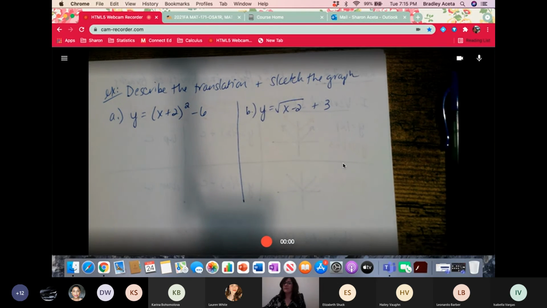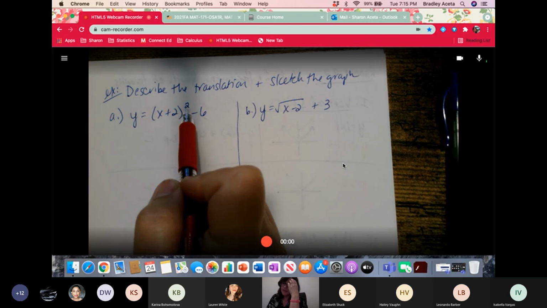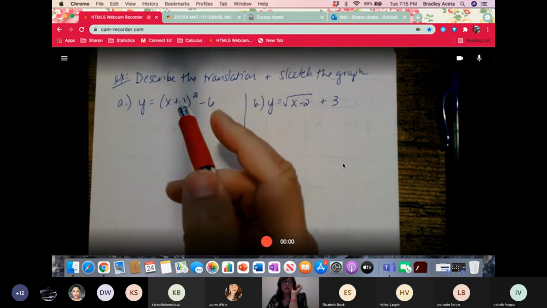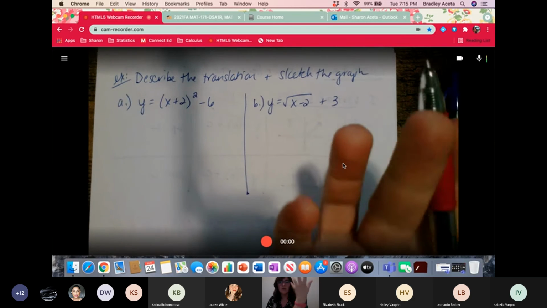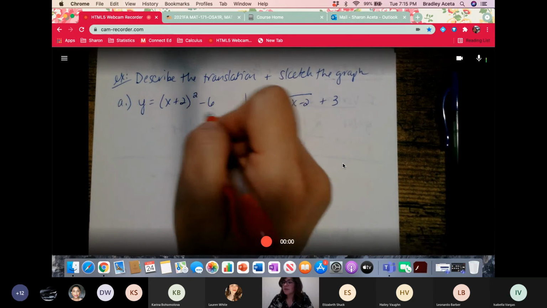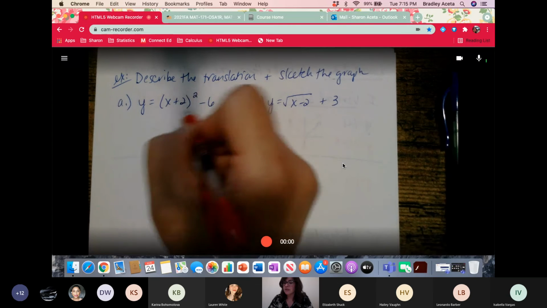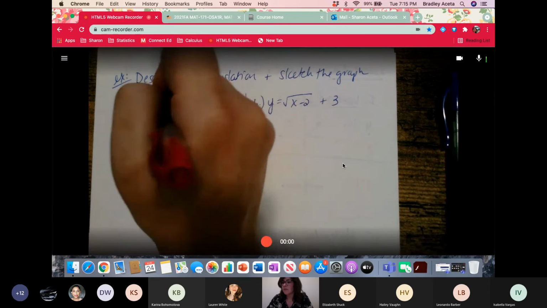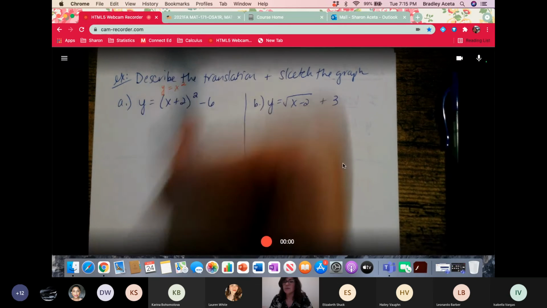Okay, so this is where you are going to become so masterful at this. This is a squaring function. All squaring functions are parabolas. We know that. Outside of the function itself, remember, its parent would be y equals x squared.